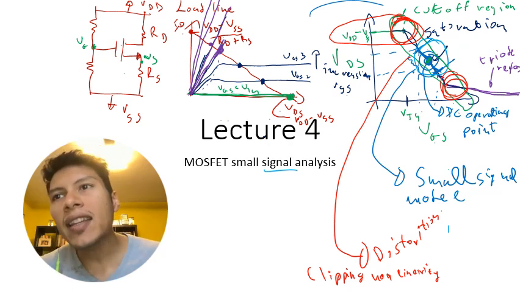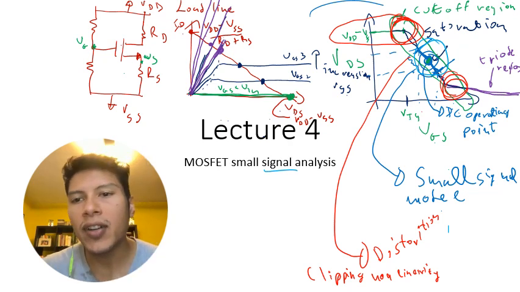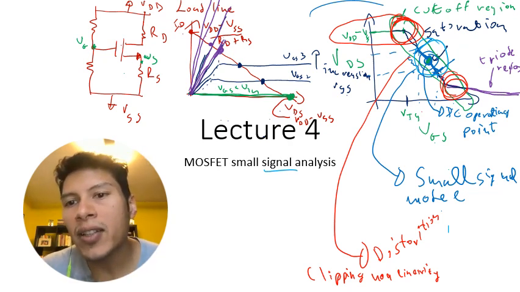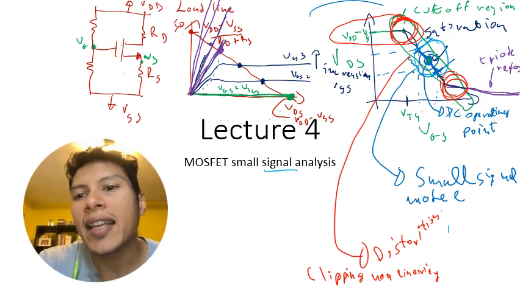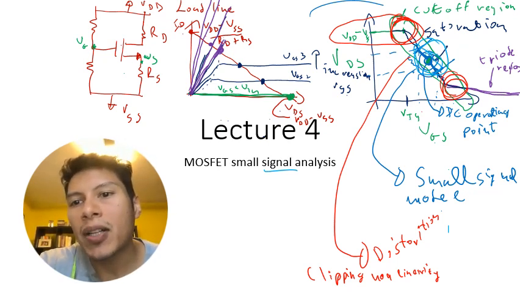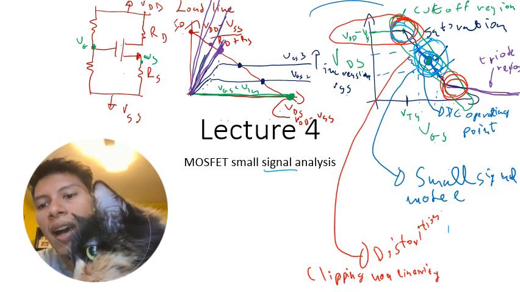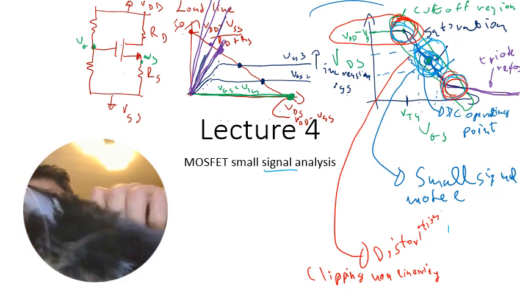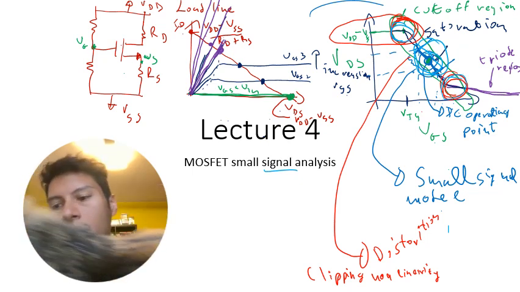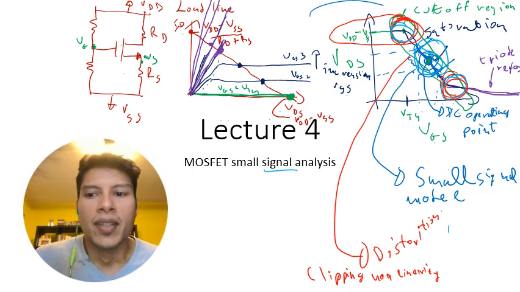If you had a little trouble with the Taylor expansion derivation of the small signal model, that's fine, but you should at least intuitively understand that what we're really deriving when we look at that Taylor expansion is the equation of this line. In particular, if our signal becomes too large, then we're going to be operating near cutoff or the triode region, and as a result, we're going to get distortion and nonlinearity.